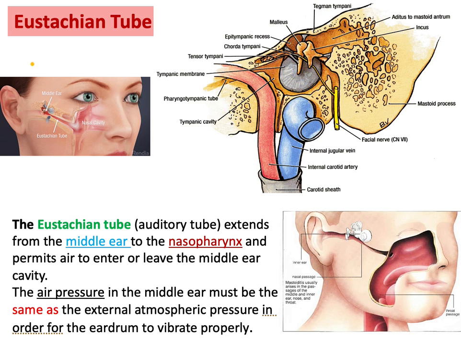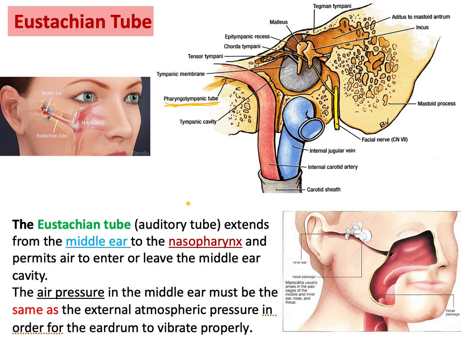Before talking about the ossicles, I would like to talk to you about a very important tube, known as the pharyngotympanic tube, that exists in the anterior wall of the middle ear, and is also known as the Eustachian tube. So this is the Eustachian tube, or pharyngotympanic tube, or auditory tube.